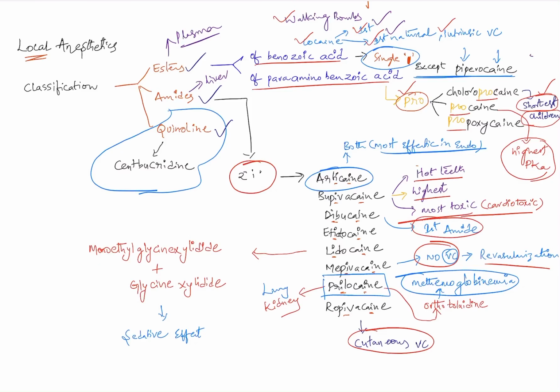It is going to split first of all into the primary metabolite, that is orthotoluidine. This orthotoluidine is mainly responsible for causing methemoglobinemia.